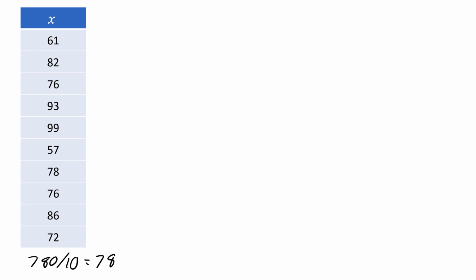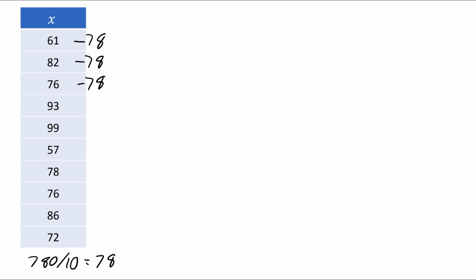Okay? So we're trying to find the average distance from the mean. The next thing we want to do is find how far away from the mean each of these points is. So we're going to do 61 minus 78 to find its distance from the mean, 82 minus 78, 76 minus 78, and so forth.